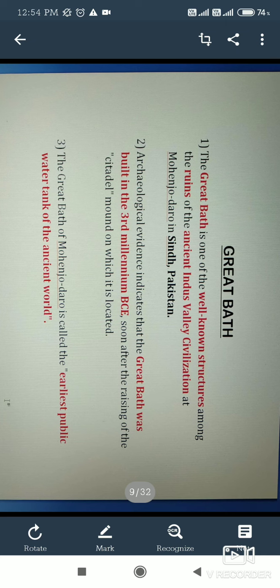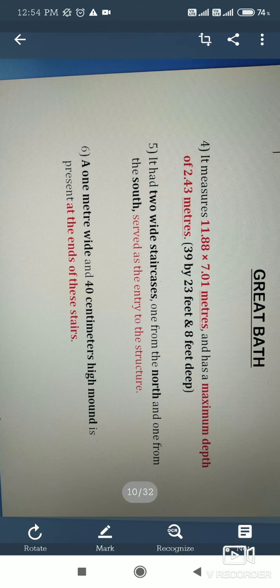People took baths there, and most used it for religious purposes, for bathing and for religious rituals.